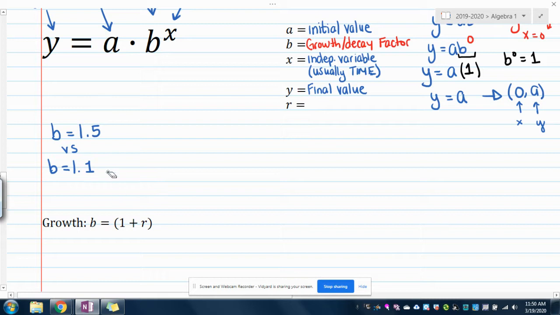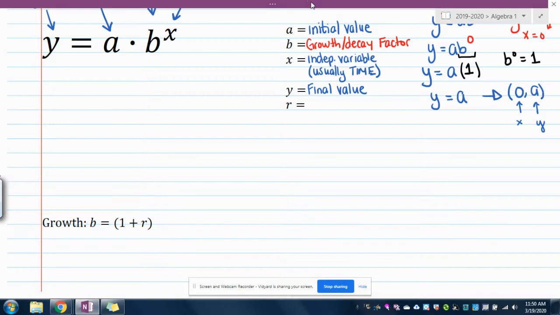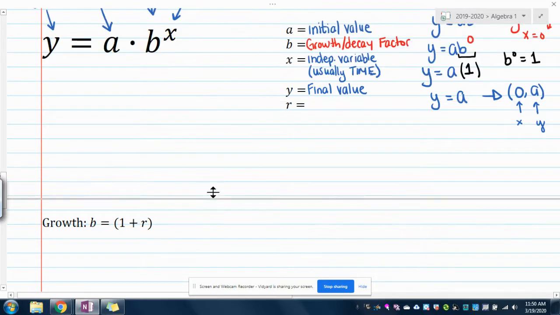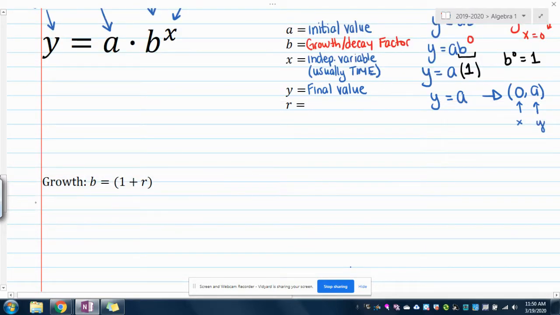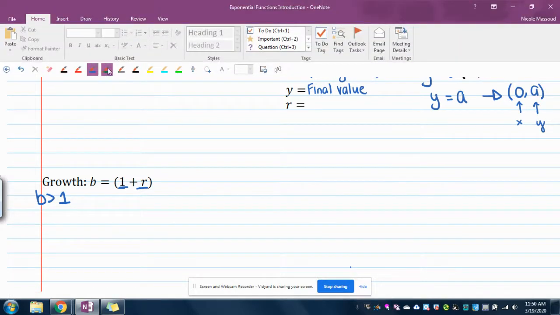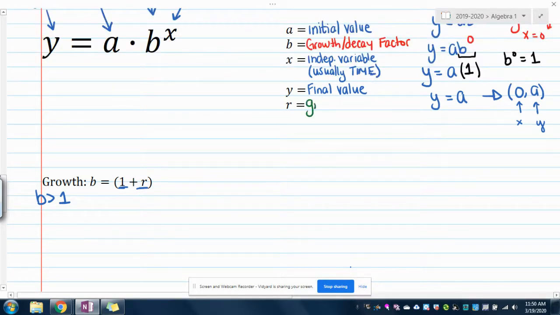So the way that we break this down is we say, okay, if it is growth, that means that B needs to be greater than 1. So that means it's 1 plus a number, and we're going to call that R. And R is our growth rate.